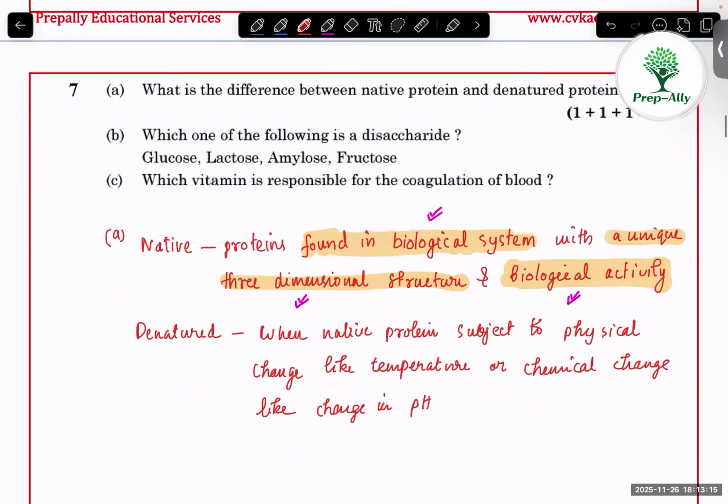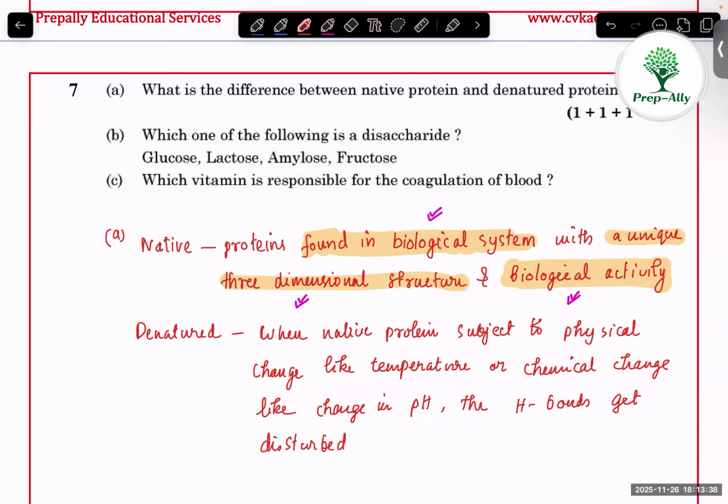So whenever native protein is subject to any of these changes, what will happen is the hydrogen bonds get disturbed. Basically, whatever the hydrogen bonds holding all the tertiary structures and all, they will actually disturb.